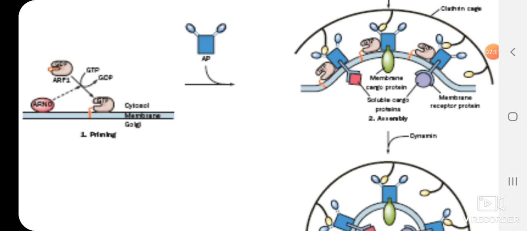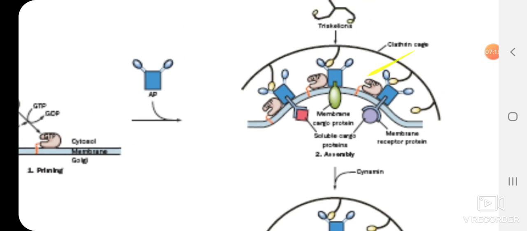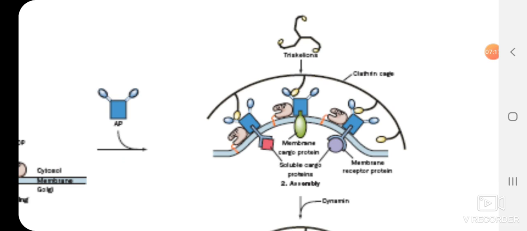So then what will happen is that this interaction of AP2 is going to start recruiting the clathrin triskelion. So the AP2 interacts with the clathrin triskelion through its appendages and it initiates the polymerization of clathrin around that particular part of the membrane.